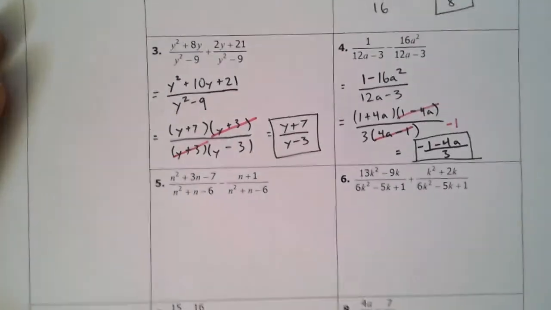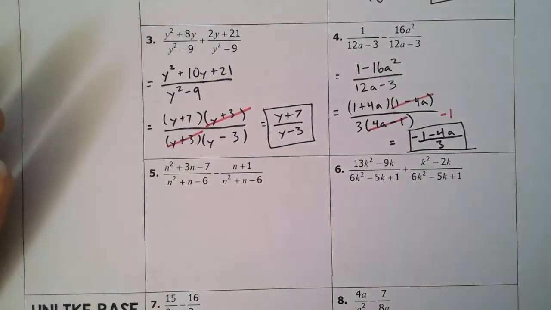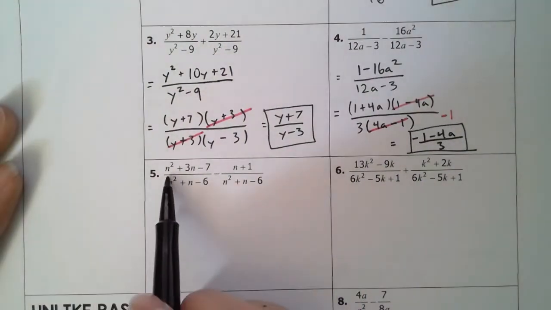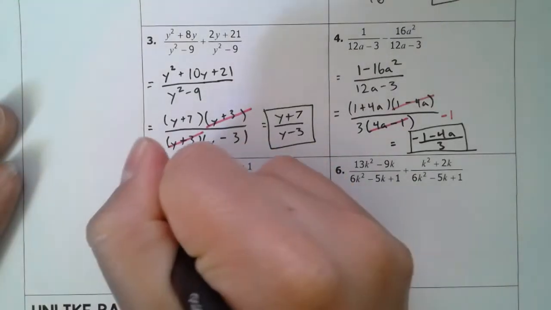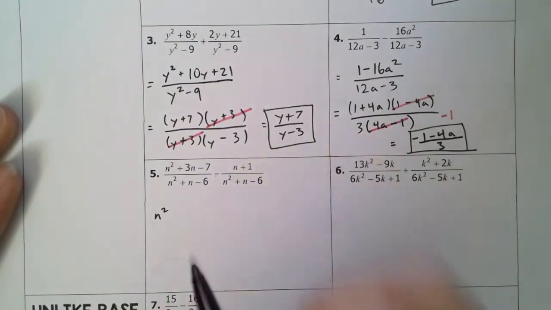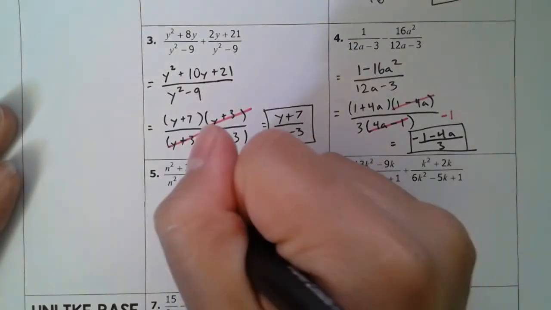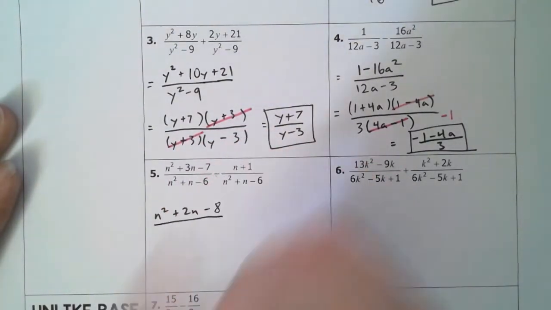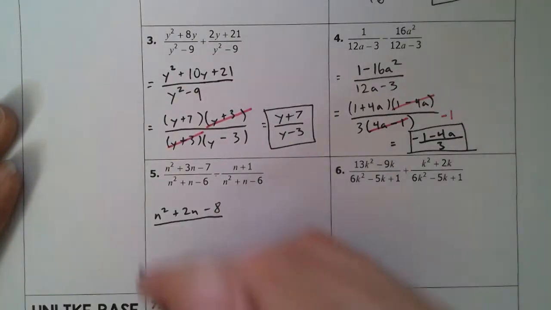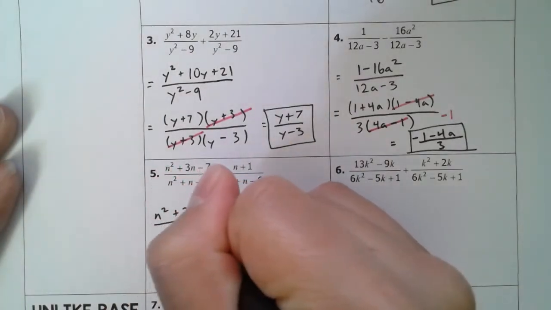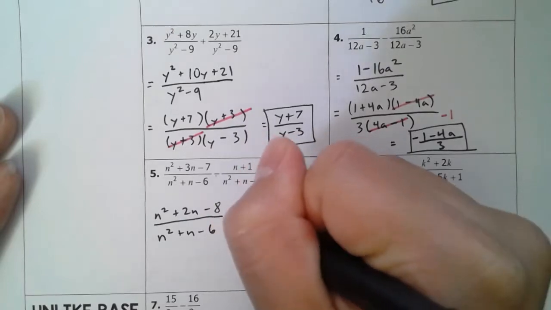For number 5, I have n squared, no like term, so it's just n squared. 3n minus n, so 2n. Negative 7 minus 1, so negative 8, over n squared plus n minus 6. This can factor.